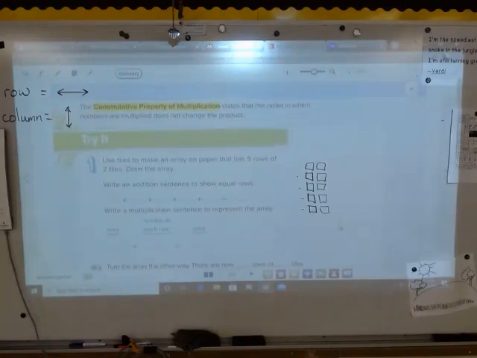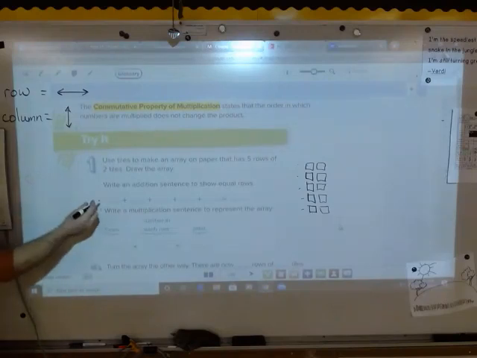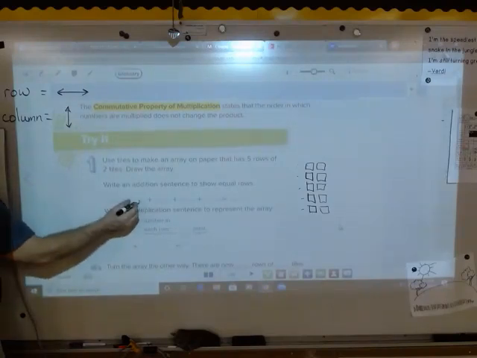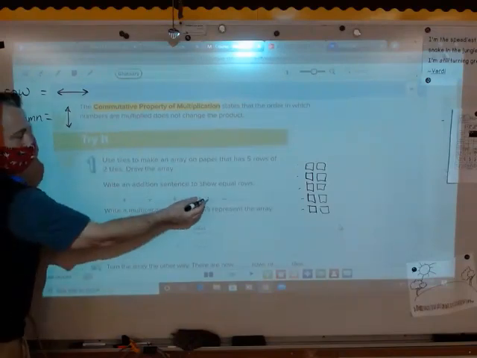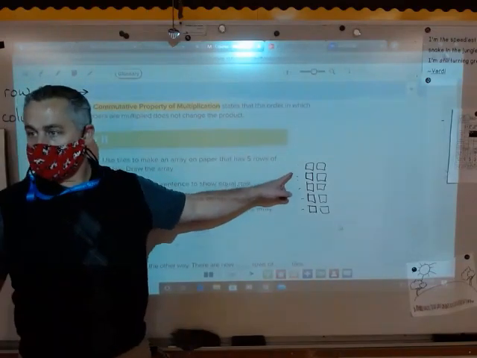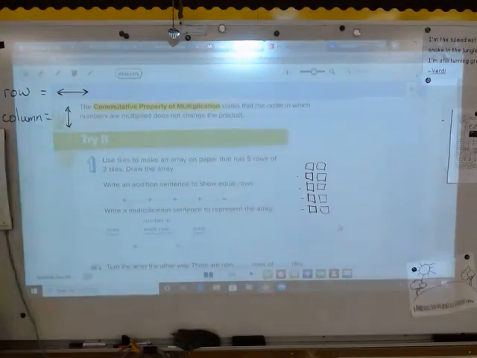What would the addition sentence look like for that? If we're doing the rows first and then the tiles, so it's like 5 groups of 2. Brody, what would it be? 5 plus 5 plus 5 plus 5 plus 5. Okay, that would be 5, 10, 15, 20. That'd be 25. Are there 25 tiles? No. Hey, Brody.